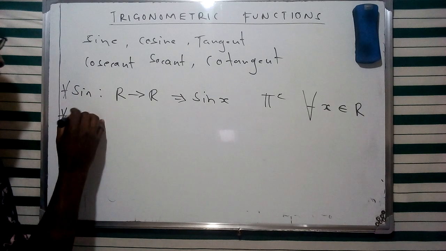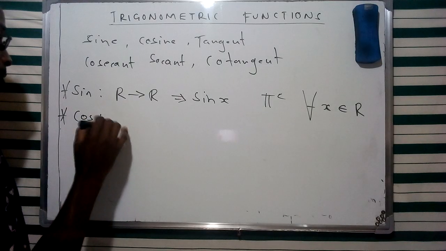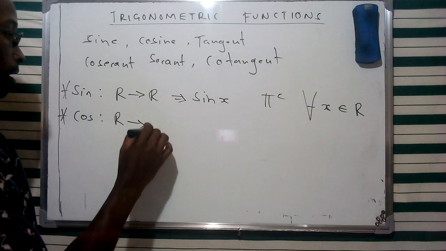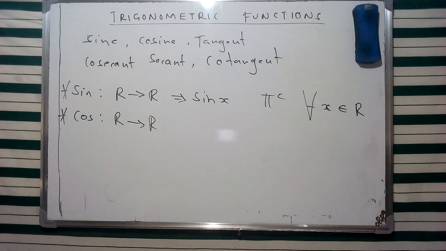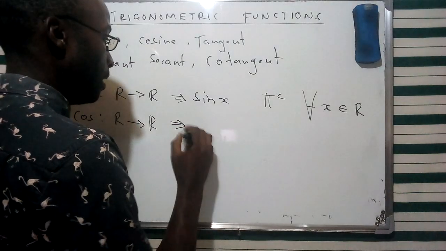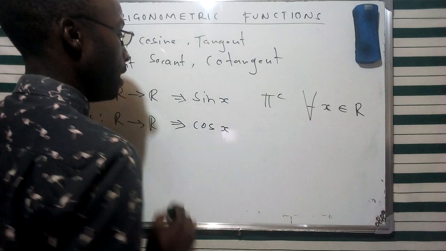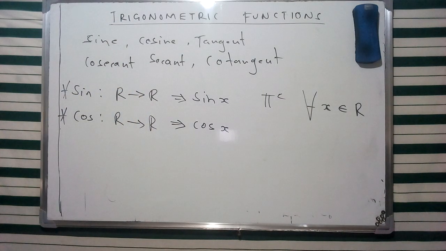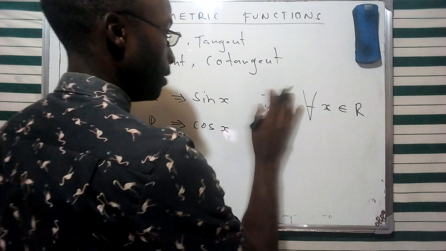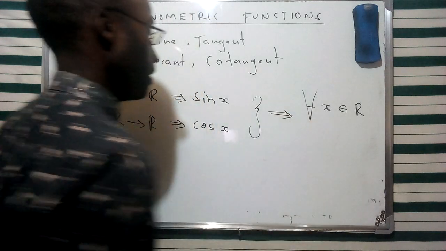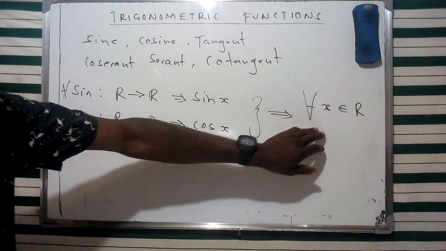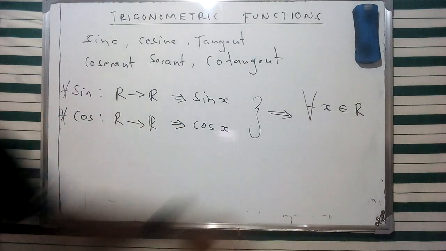Secondly, we're going to look at the cosine. The cosine as well is going to consist of a range of these real numbers, defined as the cosine of x. So we can express this in terms of the cosine of x, whereby this value for x as well is going to consist of a set of real numbers, for all x values, where x is a set of real numbers.